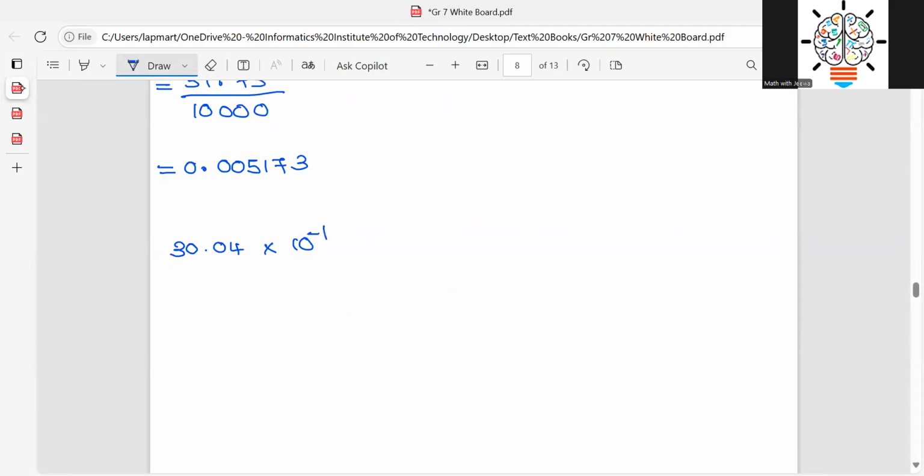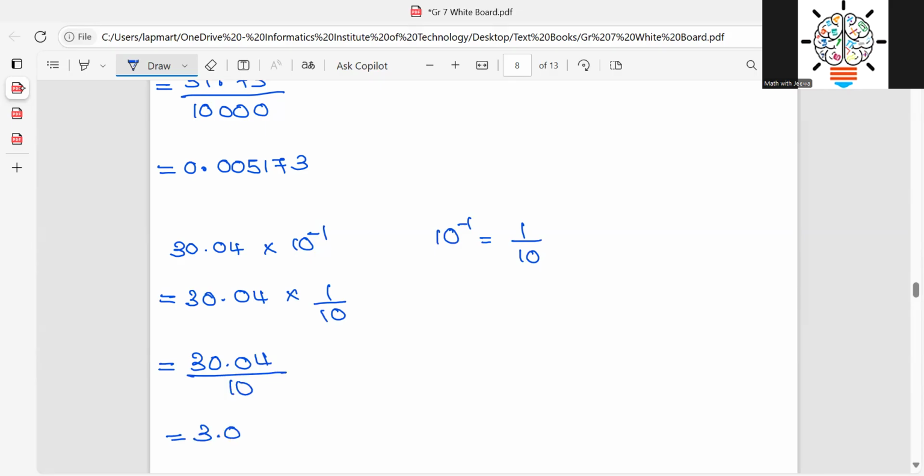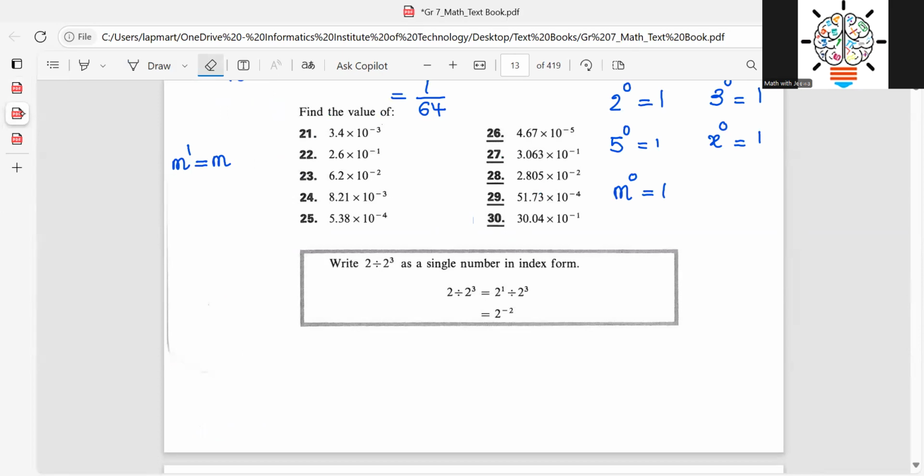We know 10 to the power of negative 1 means 1 over 10. So then when I have 30.04 multiplied by 1 over 10, it is simply 30.04 divided by 10. Then the final answer is 3.004. Right? So that is the 30th question.